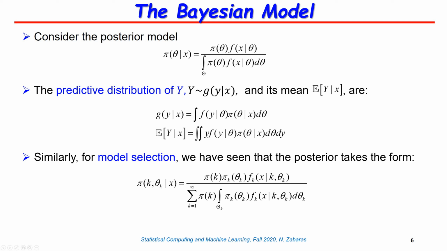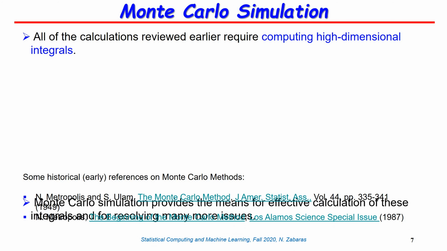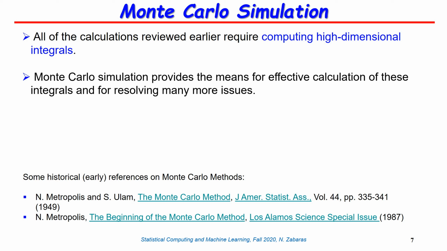So again, a lot of these calculations can be performed, especially in high dimensions, with Monte Carlo. Okay, so Monte Carlo will allow us to compute these high dimensional integrals, and this is what the lecture today is going to try to cover to some extent, even though most of the examples that we will see will not be in high dimensions.